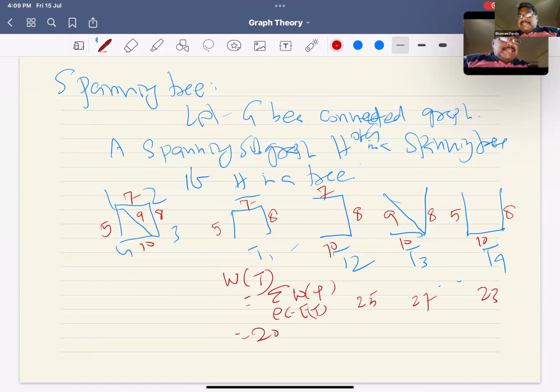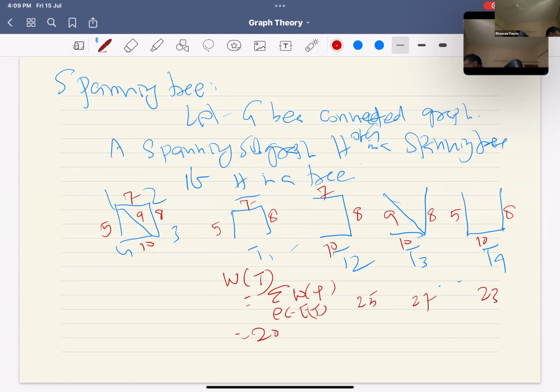how many such spanning trees are possible for this particular graph? Can anybody answer? For a given graph, how many possible spanning trees are there? Is there any formula?